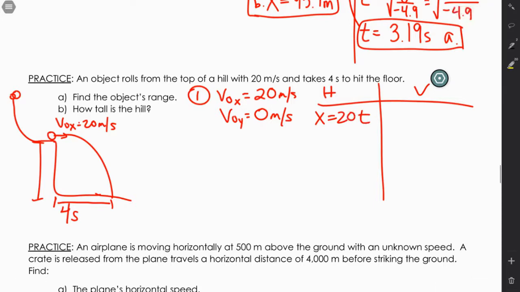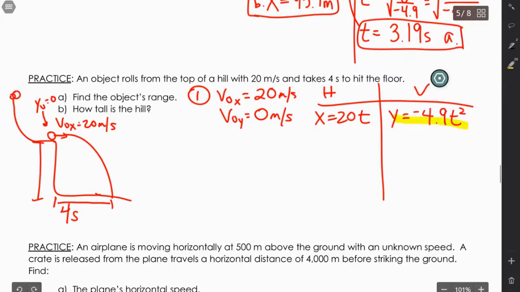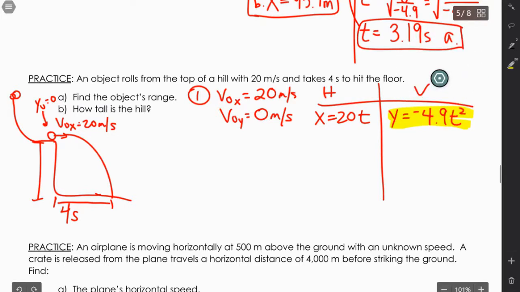Again, we're going to call this point our 0, so y0 is going to be 0, and we're going to get that same kind of look. The great thing about launching horizontally is that this will always be your equation in the y direction, because you always call the 0 point at the top of the hill, and then you can go from there.